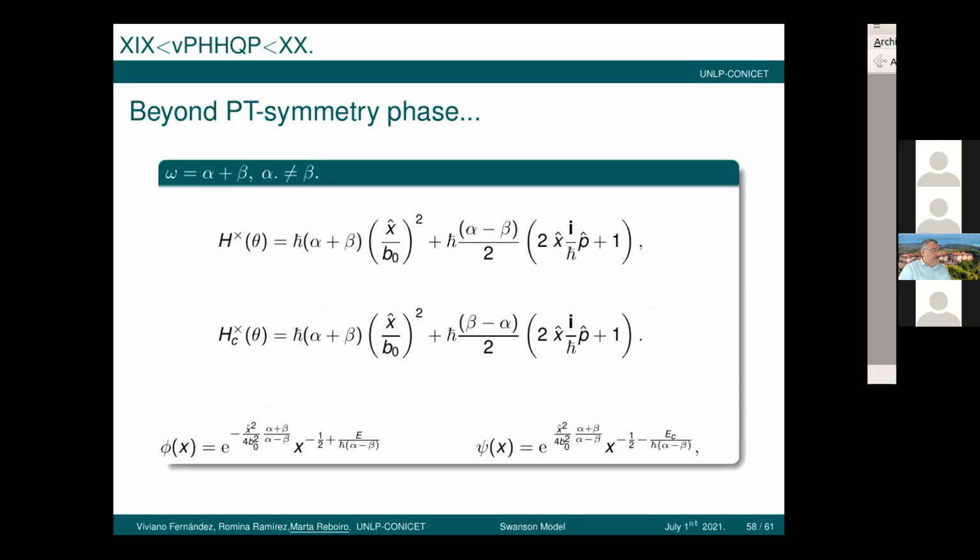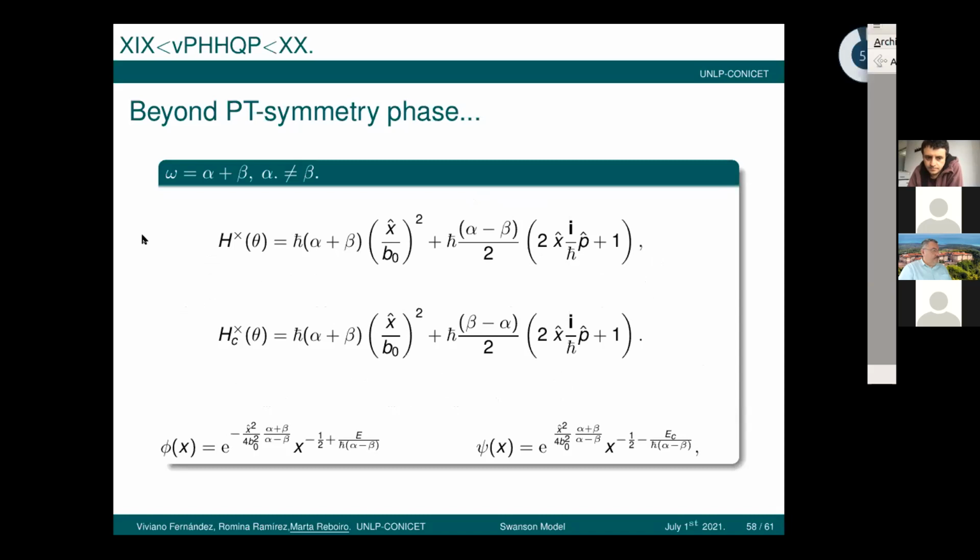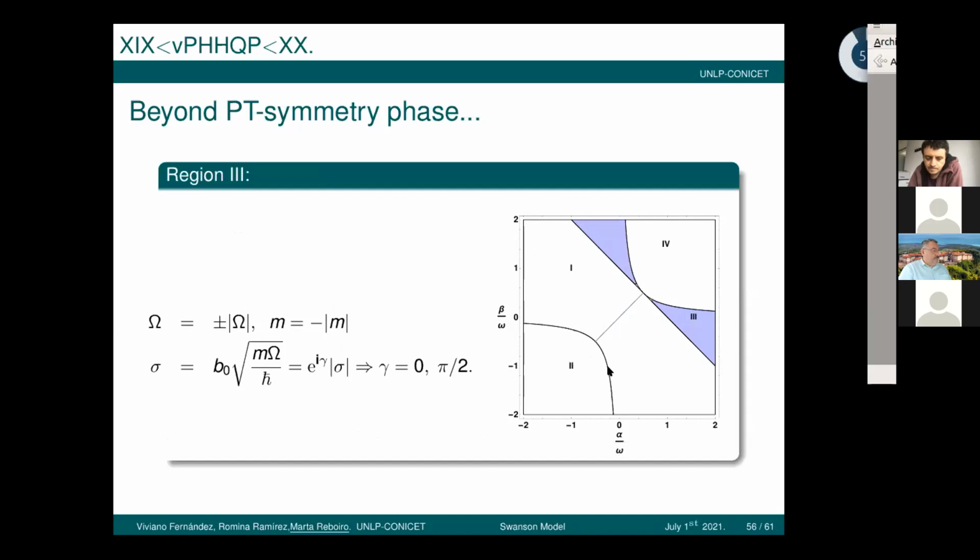There is a region in the parameter space, this line, where m has changed from positive to negative, and in this region we have found these solutions for the spectrum, while this region corresponds to a value of the effective Victorian constant of the oscillator equal to 0.